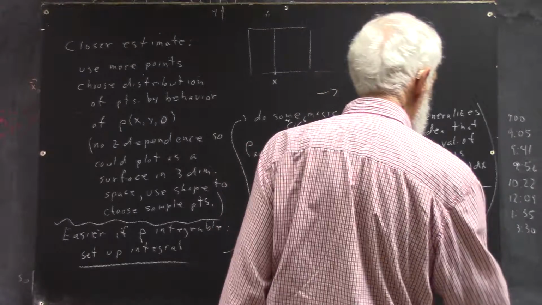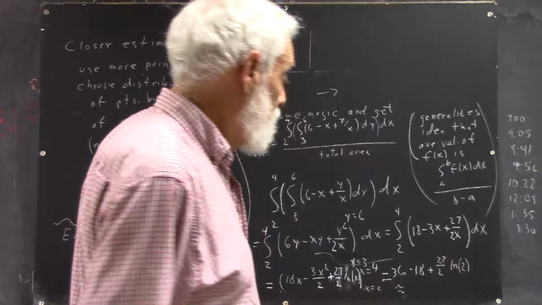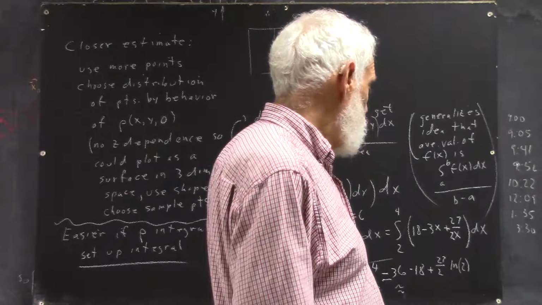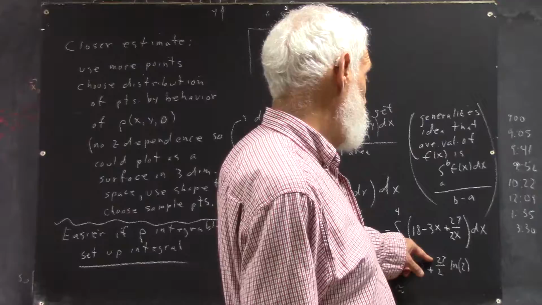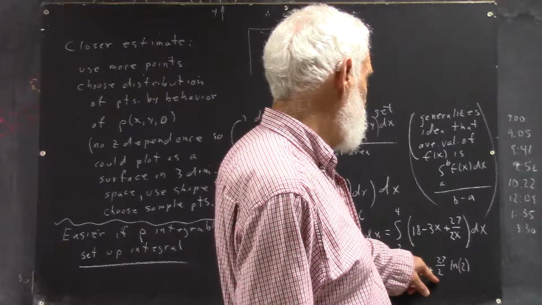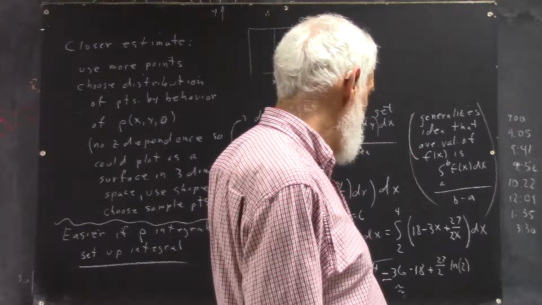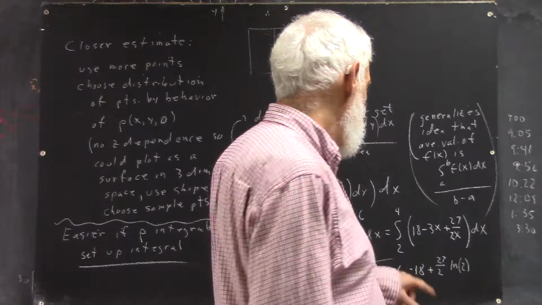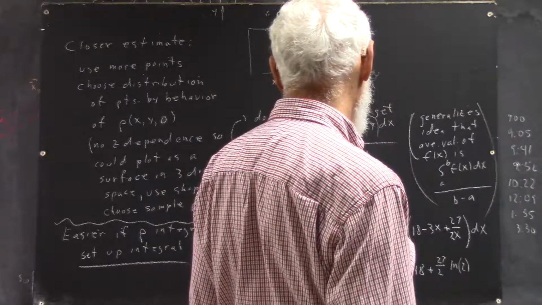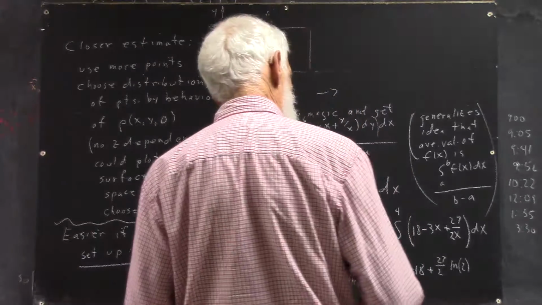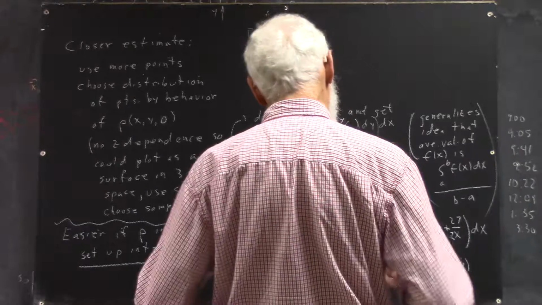Okay, natural log of 2 is about 0.7. And 0.7 times 27 would be 116.9. That's about 8.5. So this is really screwed up. It's nowhere near, oh, never mind. No, mine.